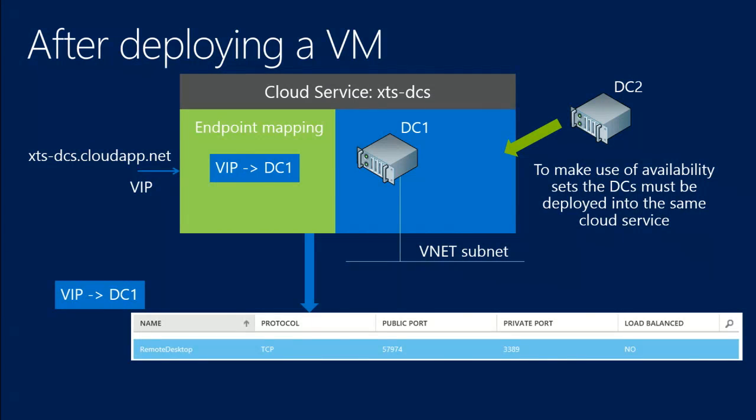All the machines that are deployed into that will have an endpoint mapping. So we've got a single IP, but if we want to RDP in to that public IP address, we have to RDP in with different port numbers, and that will get mapped across.